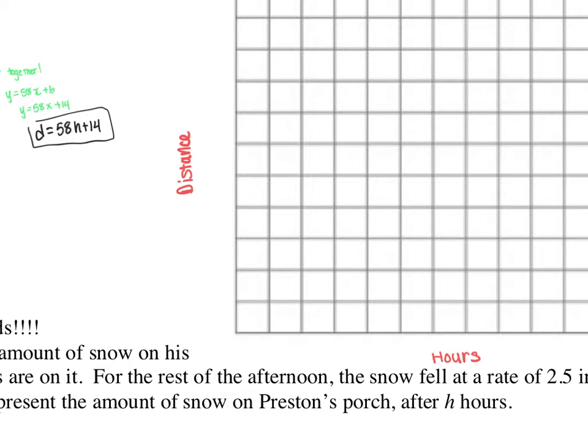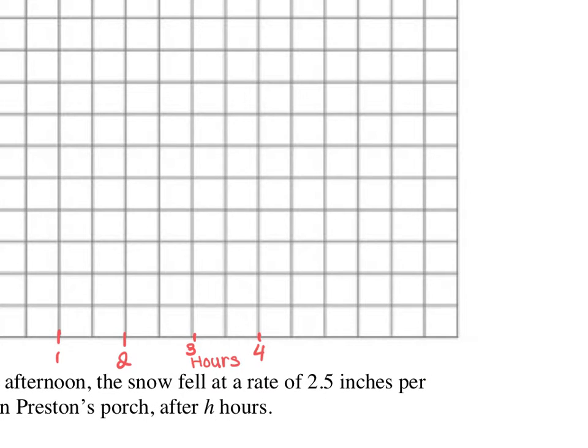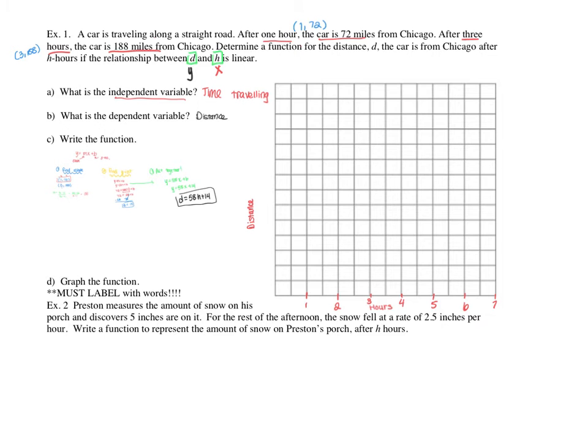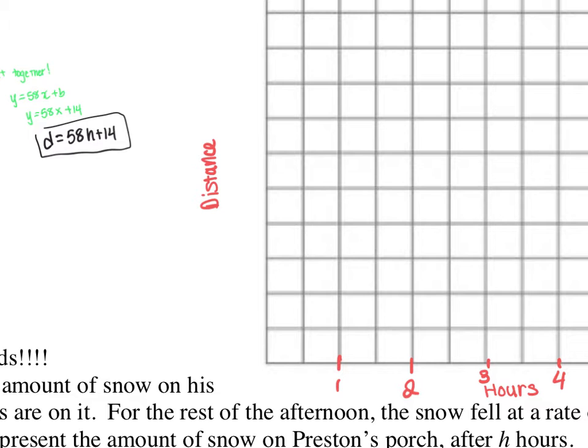Every 2 boxes will be 1. Every 2 boxes is 1, which is completely fine. You can do this. And I'm going to make every box 20. So every 2 boxes will be 40.